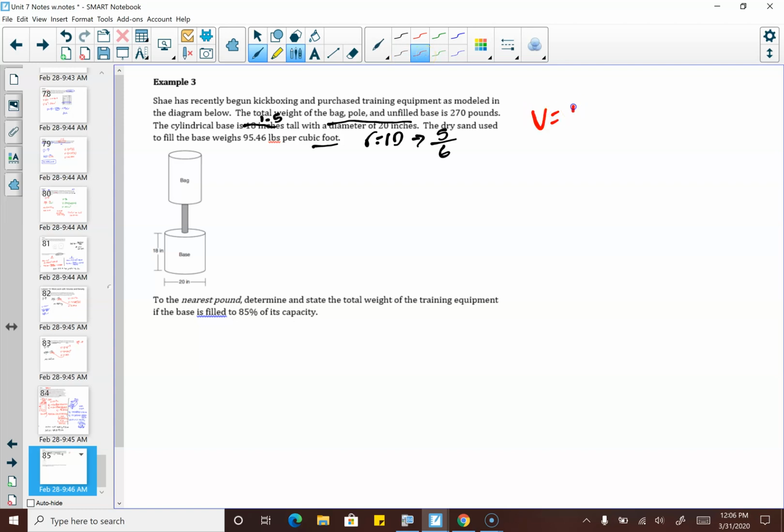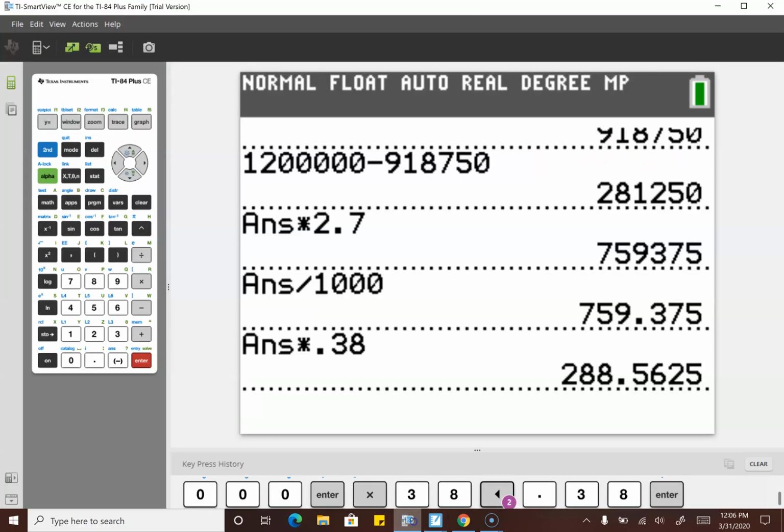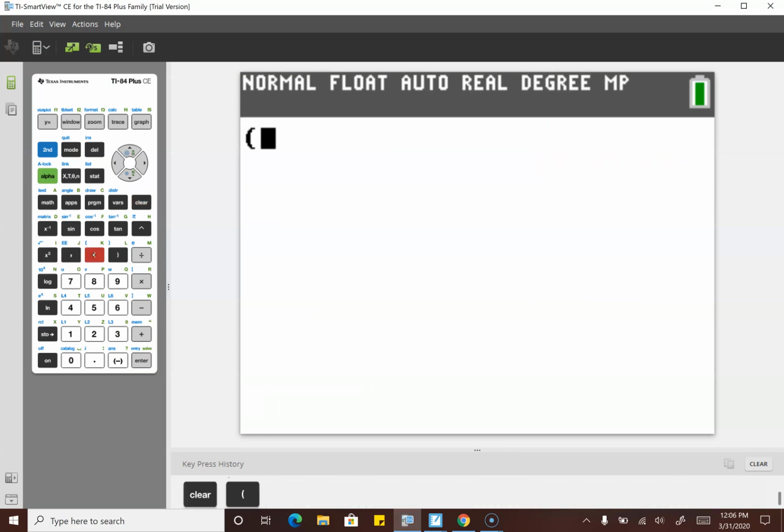So the volume of the base is a cylinder, so pi r squared h. So r is 5/6 squared, and our height is 1.5 when we are in feet. So I'm going to leave this in terms of pi in the very beginning.